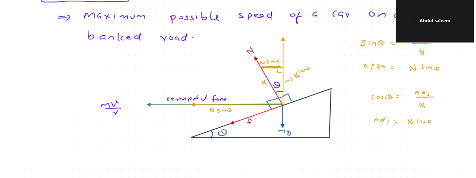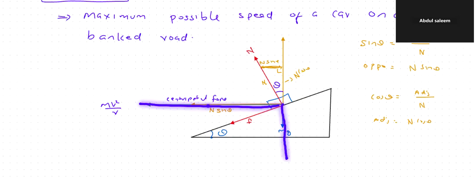In the same way we can resolve the two components of friction also, static friction. The two components of static friction are, one along the x-axis and another along the y-axis. Okay, these are the two components of this frictional force.